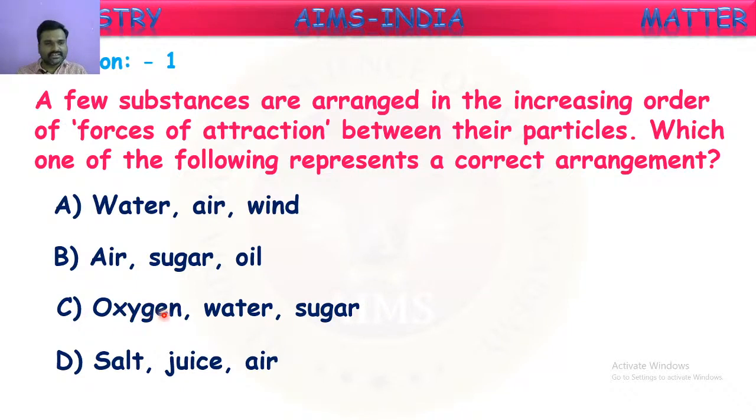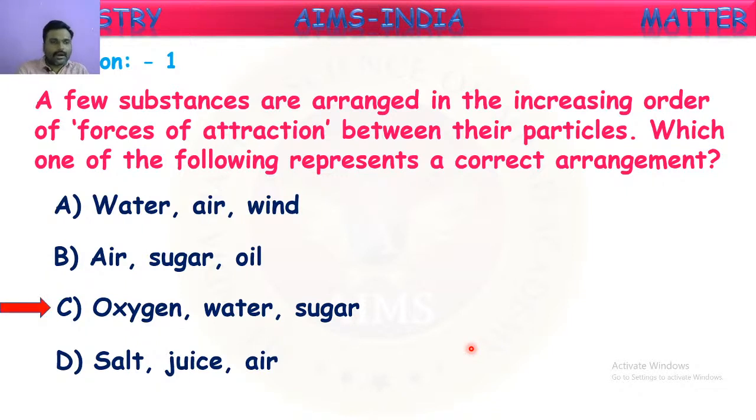So this is in the increasing order. Oxygen has less force of attraction than water. Water has less force of attraction than sugar. So we can understand these three are in the increasing order of force of attraction between the particles. So now C is the correct option.